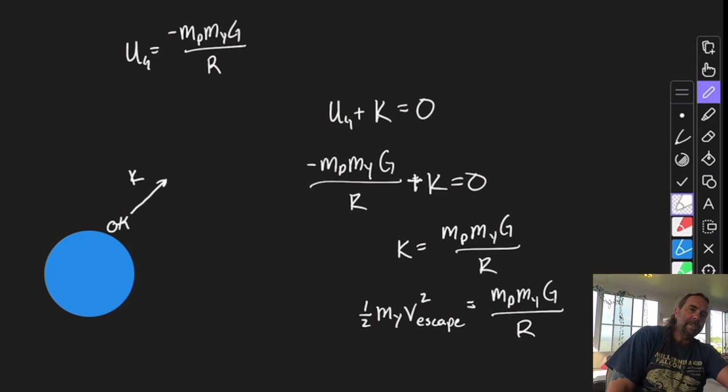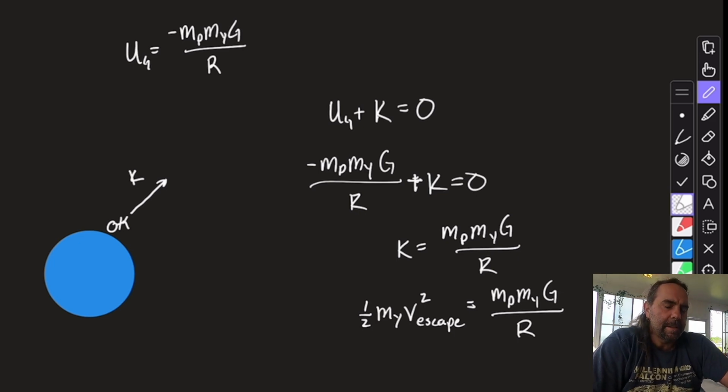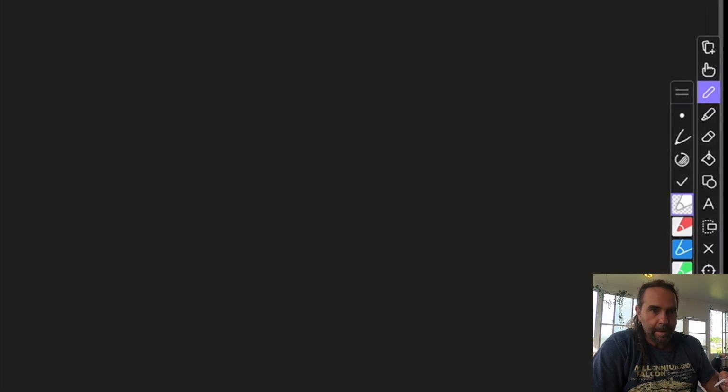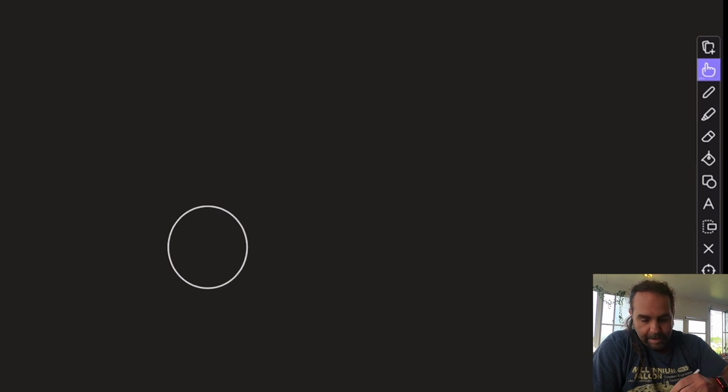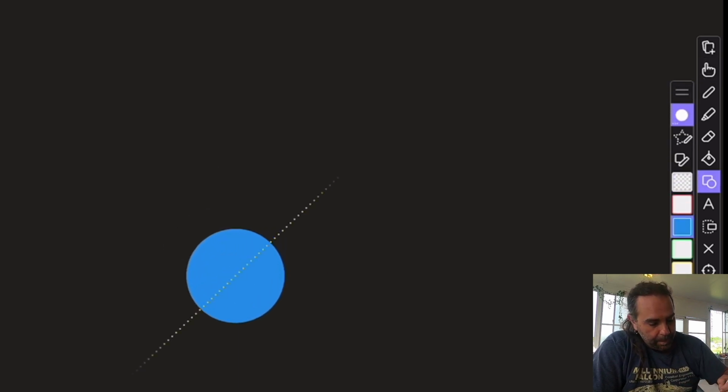Now, what this also means in practice is that generally a planet that is orbiting a sun, or a satellite that is orbiting the Earth, always has negative energy. Now this part's going to be a little bit tricky, but follow along. Let's pick a random planet, planet X, and make it blue, with a satellite orbiting the planet.